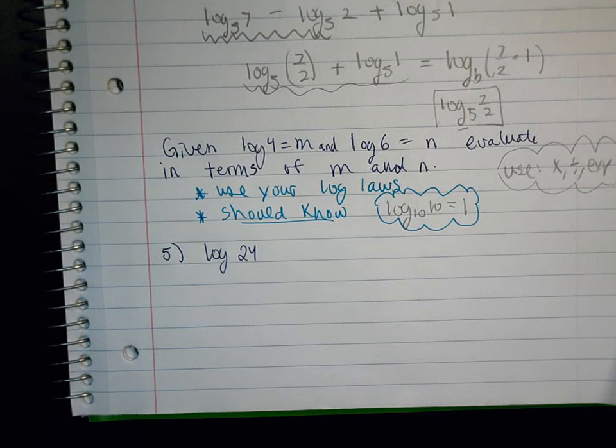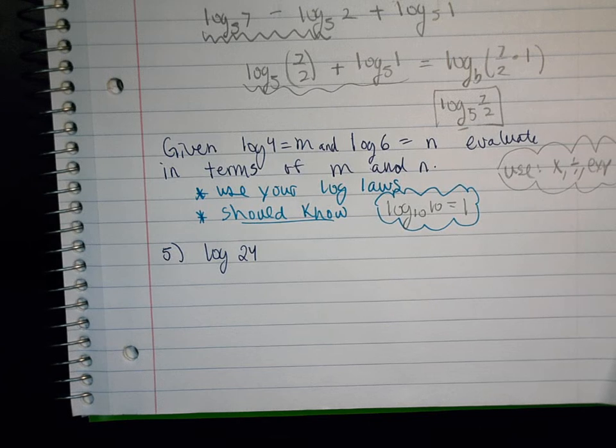Okay, so here's what we're allowed to do. Ask yourself how to get 24 using the 4, the 6, or the 10 from the should know. You're allowed to use 4, 6, and 10 using multiplication, division, or exponents. How am I going to write the 24?